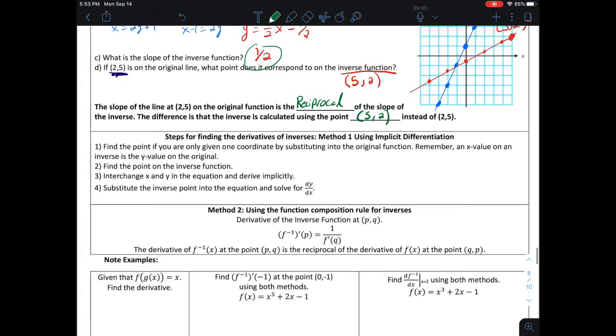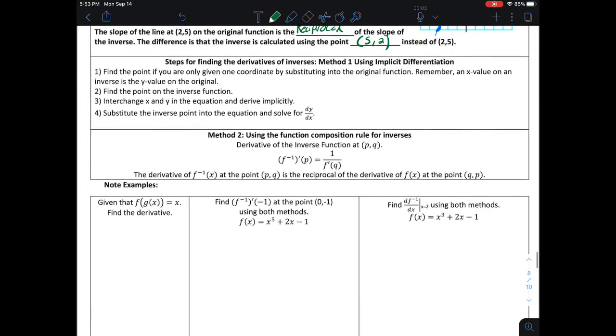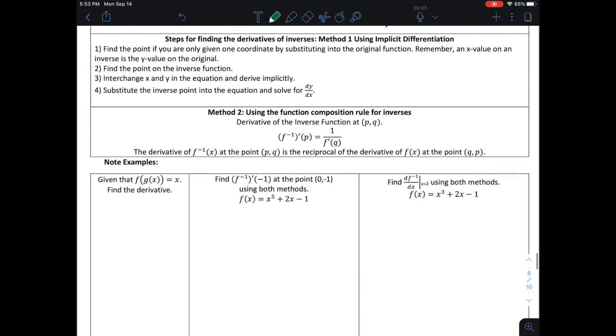Now, the steps for finding derivatives of inverses when I don't have elementary equations to use, you have two options. Option 1 is I can use the process of implicit differentiation. You start by swapping your x's and y's.